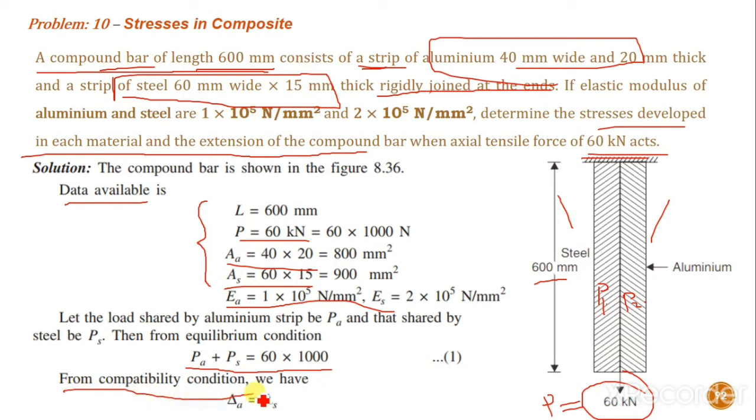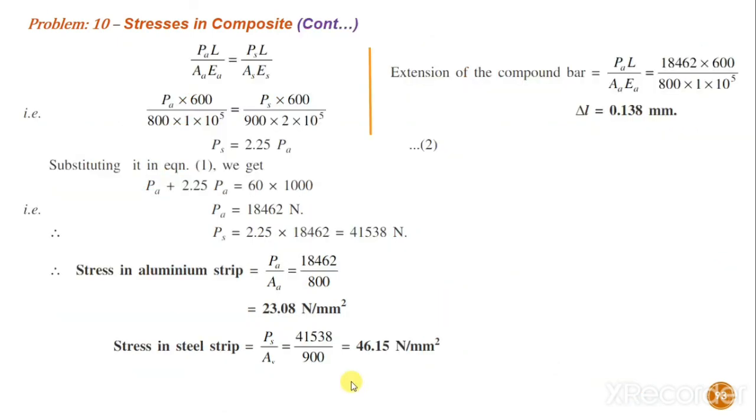From the compatibility equation, we have delta A equals delta S. You can write it as delta LA equals delta LS, as per our notation. So the increase in length in the steel strip equals the increase in length in the aluminium strip. That is what this condition is telling us. This is the second condition.